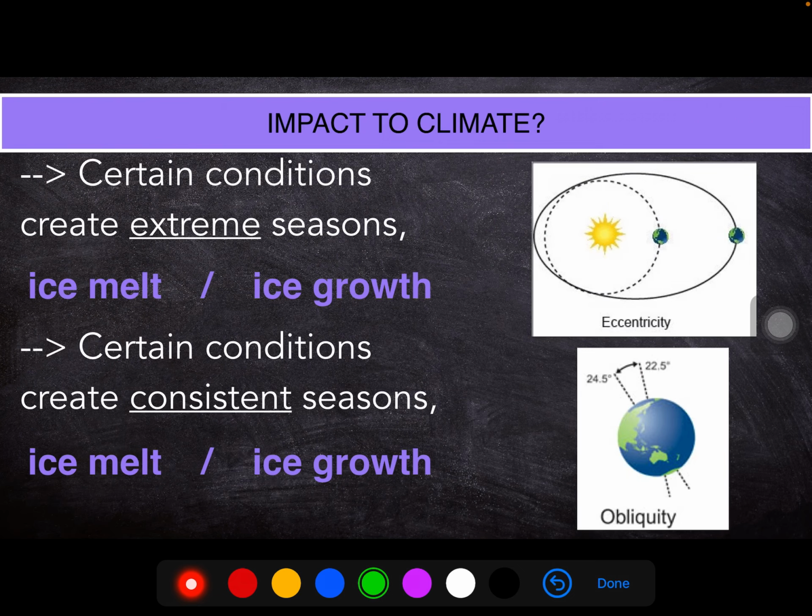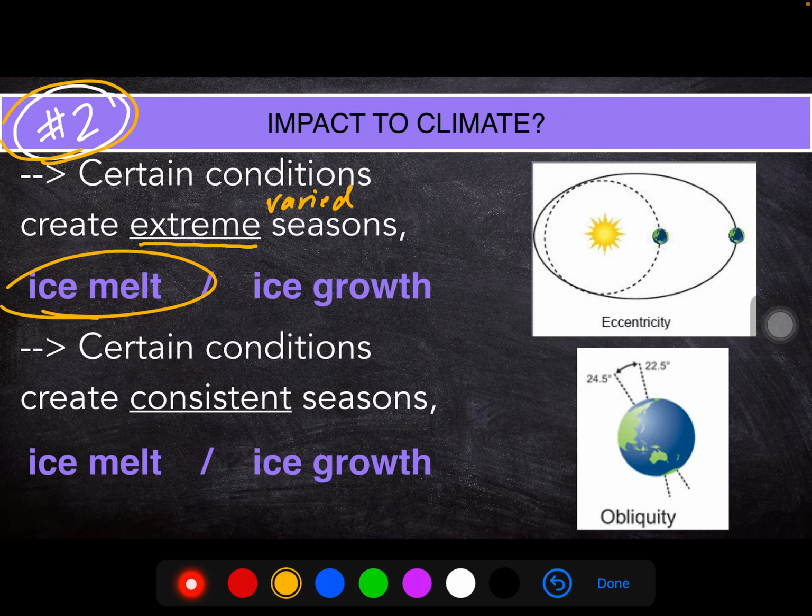So big picture, each one of those changes has an extreme and a less extreme. And all of those are impacting the global ice. So this is really what we're focusing on for our learning target number 2. So this is where you want to be ready to write in your learning target number 2. Certain conditions create those extreme or varied seasonal changes. And when we are in those extreme conditions, that's when we see times of ice melt.